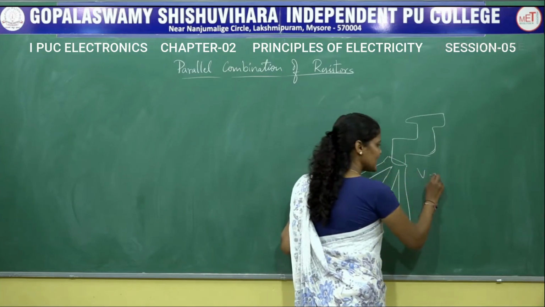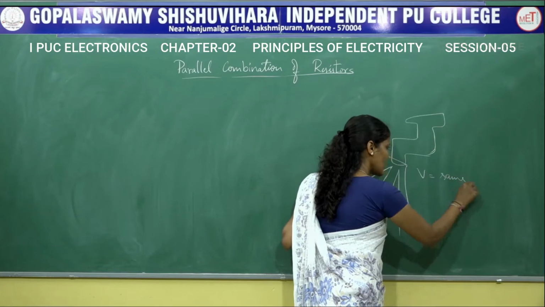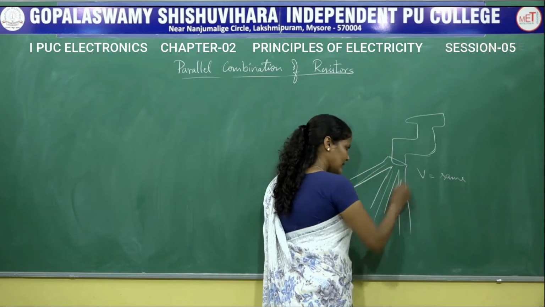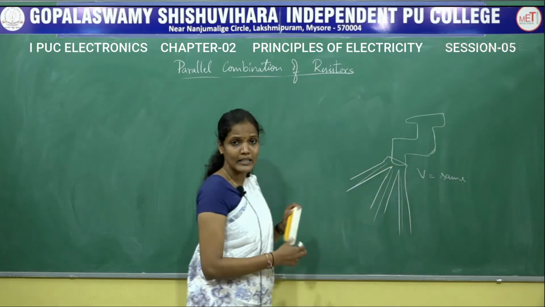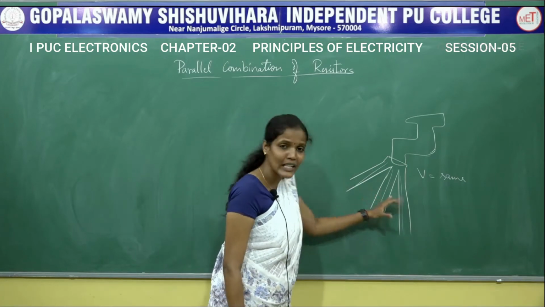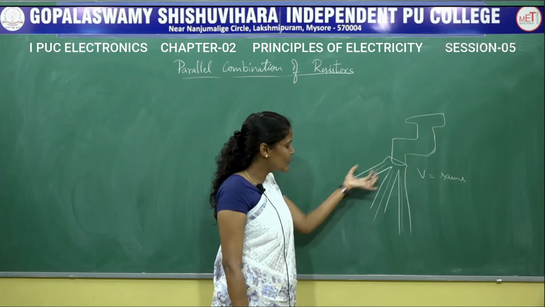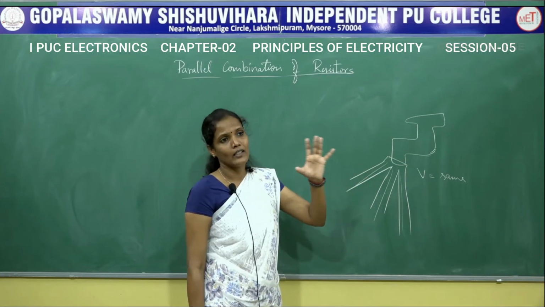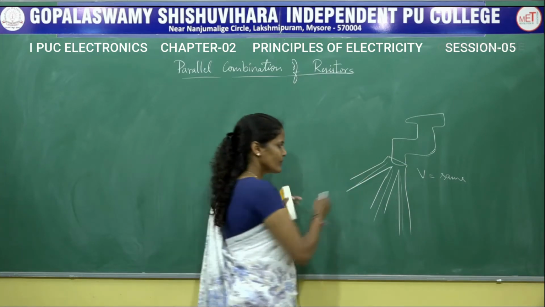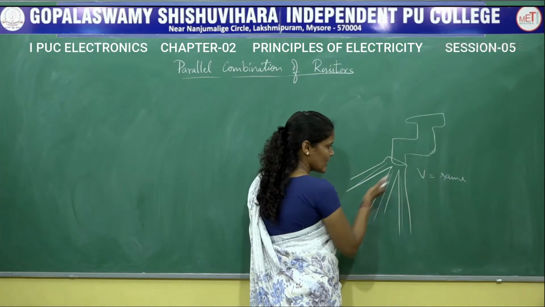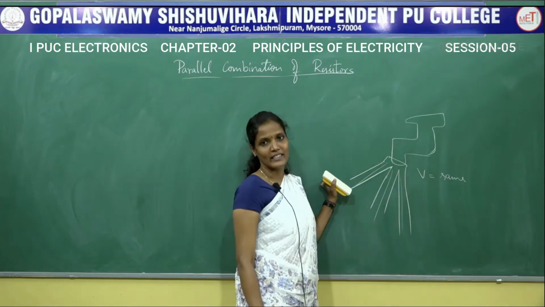So voltage enagirutte illi constant agirutte. But the water will take three different paths. The water will be flowing in three different pipes. In our example, we have considered this flow of water as the flow of current. So the currents will be different, whereas the voltage will be considered the same.